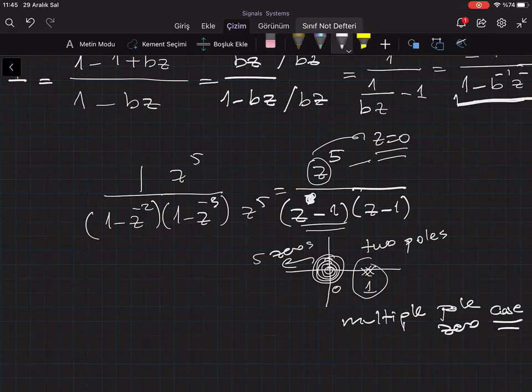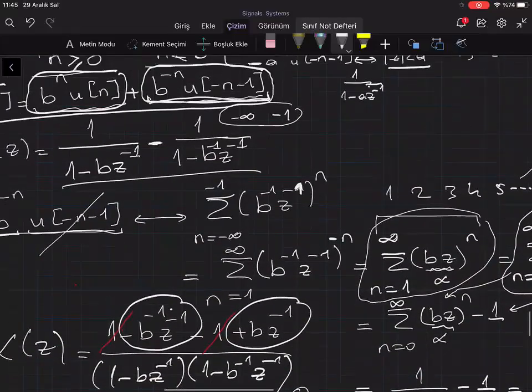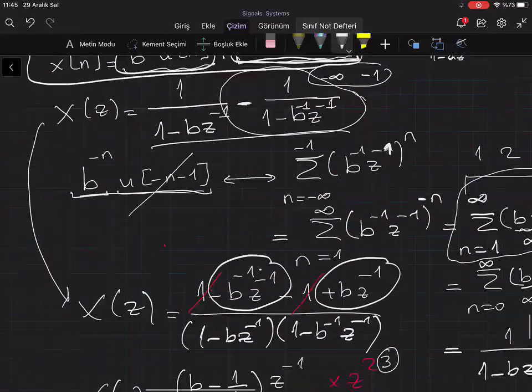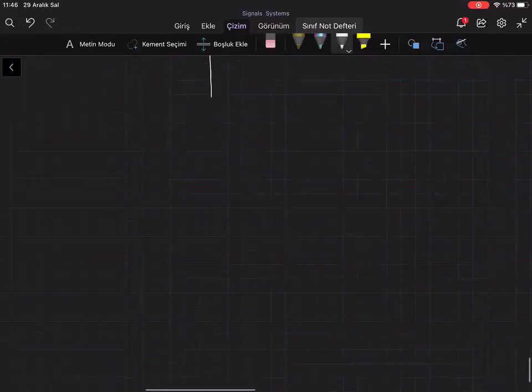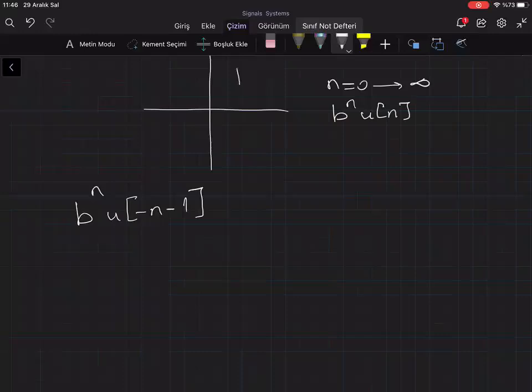Firdevs wanted me to go over the second term's Z transform. You mean this one? Yes hocam. Let me do this once more. Now, I have b to the power n, u of minus n minus 1. How did I get this? I have from 0 to infinity, b^n u[n], because I have b to the power absolute n.